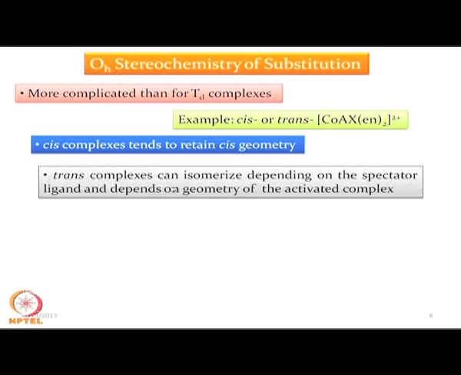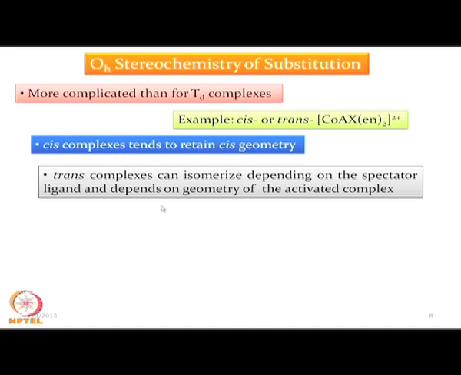For the trans complexes we can have isomerization depending upon the spectator ligand and depending on the geometry of the activated complex. So, for the trans complexes we will see how the activated complex can be different from the cis complex, and this activated complex can react differently with the incoming group.